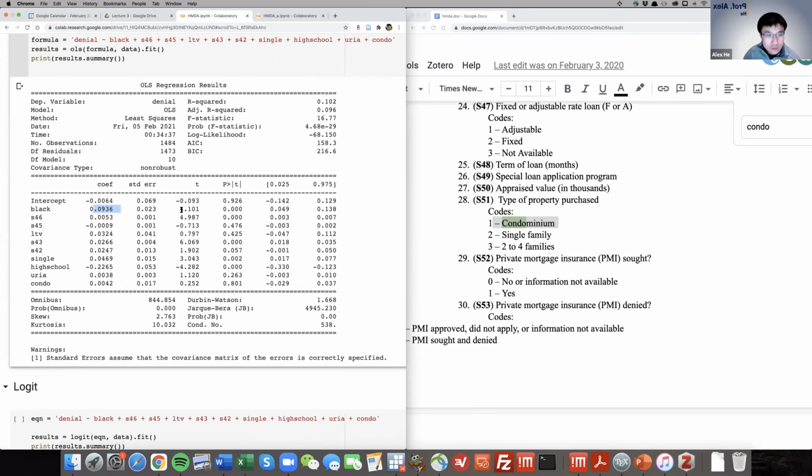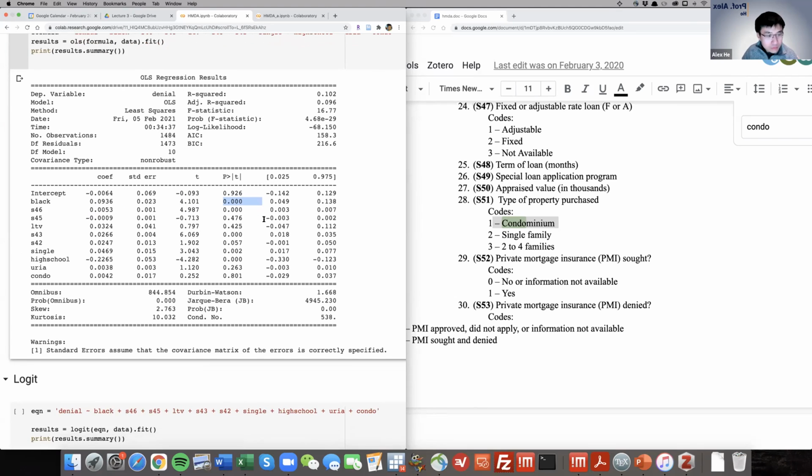And you can do a t-test, right? The t-statistic is 4. The p-value is 0.000. So it's still a very statistically significant effect. You can reject that the effect is 0. Okay, so that's the regression with controls.